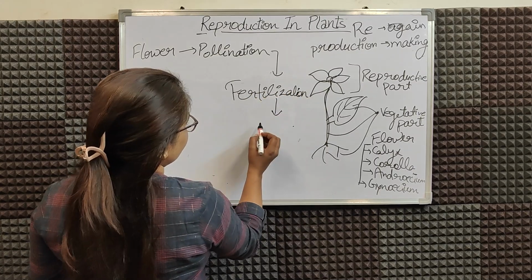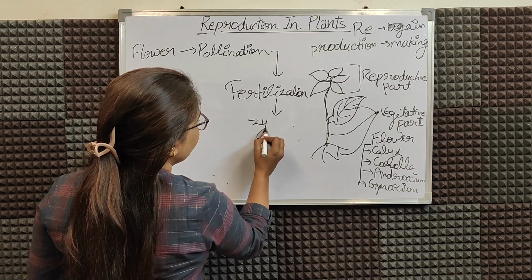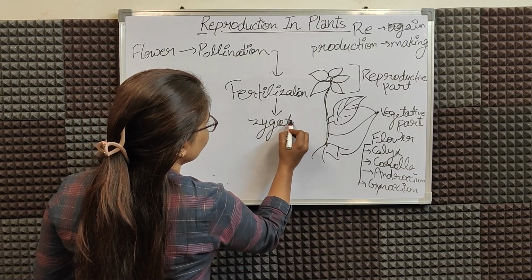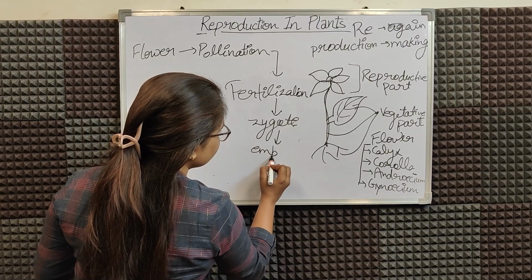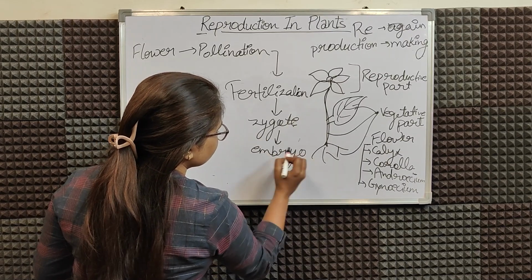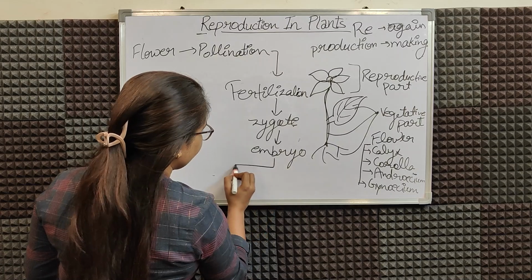After fertilization a zygote, which is diploid in nature, is formed, and after the zygote an embryo is formed.